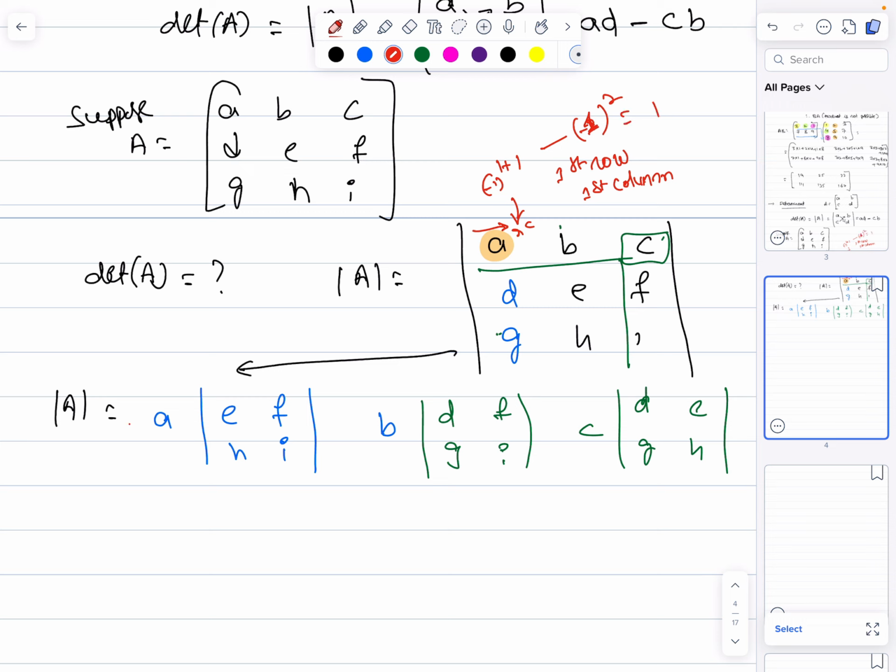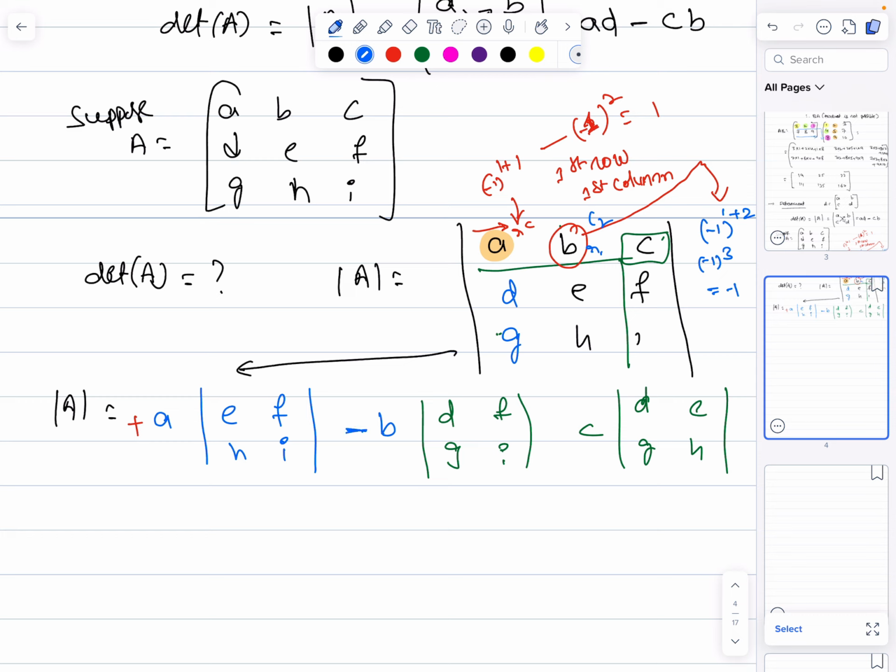Therefore, I am keeping a plus sign here. And now, I am looking at B. The B location is first row, second column. So, 1 plus 2, that is -1 to the power 3, which is -1. Therefore, I am writing a minus sign here.